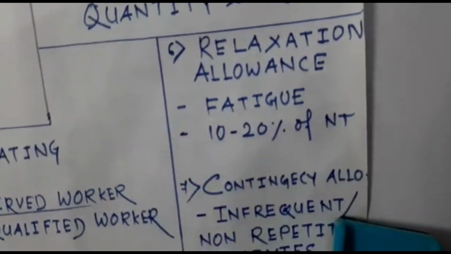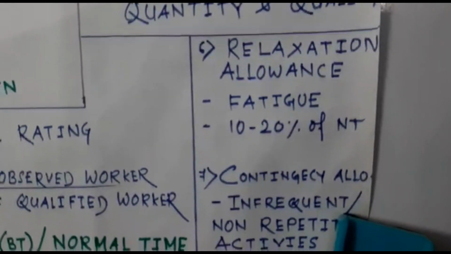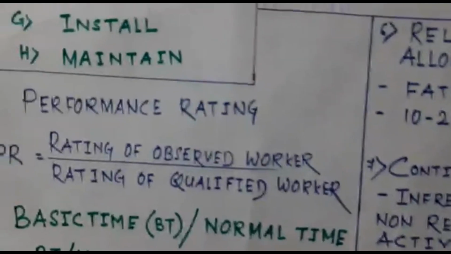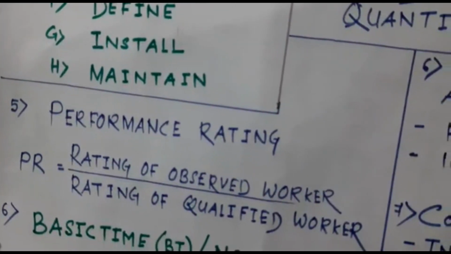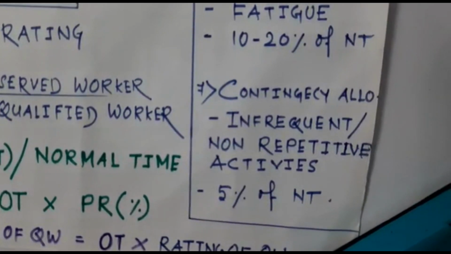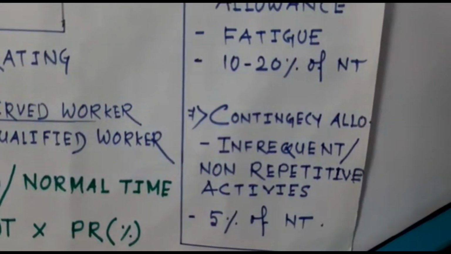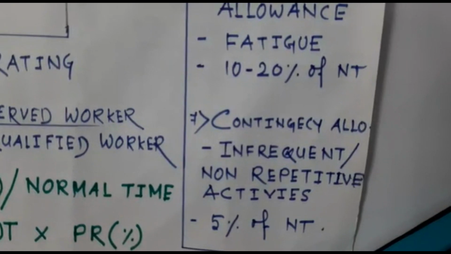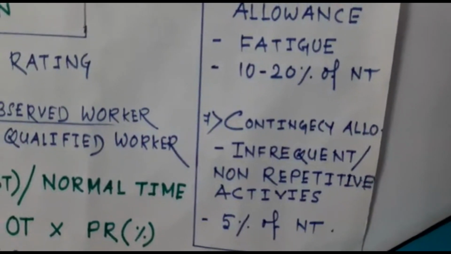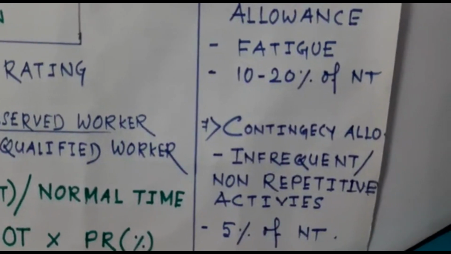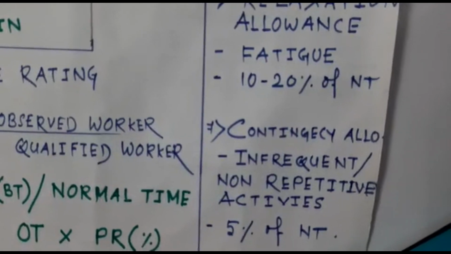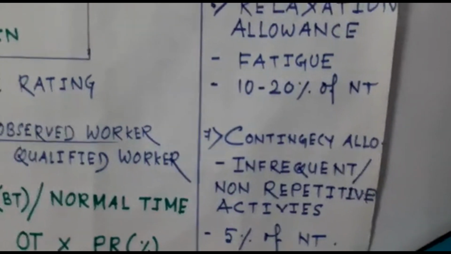Apart from relaxation allowance, there is another allowance called contingency allowance. Contingency allowance is the time given to the worker for infrequent or non-repetitive activities, like sometimes he has to talk to his supervisor for some consultation, or bring tools from the tool store room, or sharpen the tools.